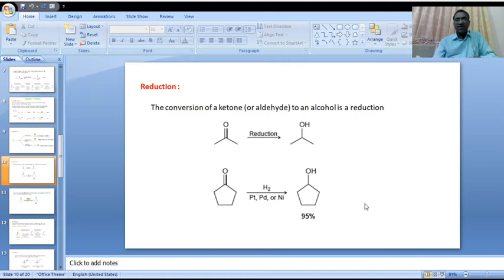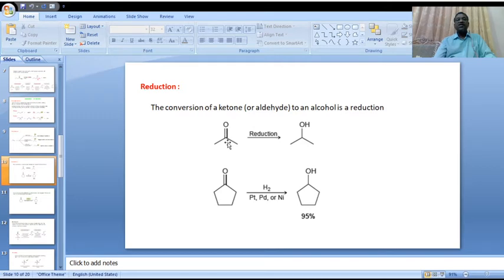Generally, the reducing agents we use are platinum, palladium, or nickel. In presence of these reducing agents, there is addition of hydrogens.